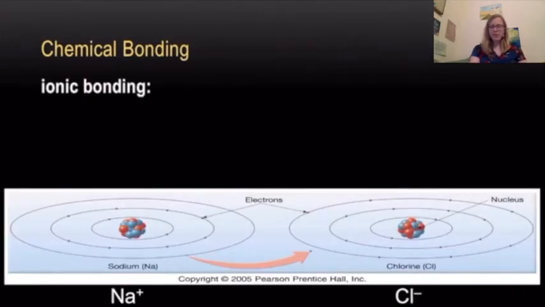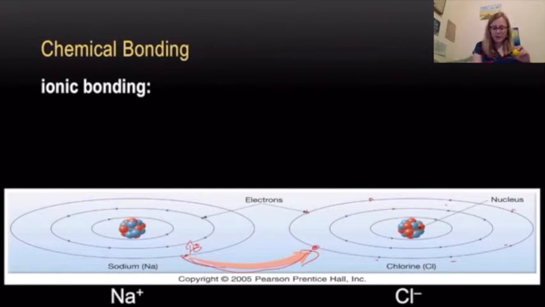Ionic bonding, you've got, again, two atoms. One is going to give up an electron, so say this is a sodium atom, and it's going to give up an electron so that its outer ring now has that one out of there, and now the ring down has exactly eight electrons in it, and the chlorine had 7 electrons, and it's going to take in that electron from the sodium so that it now has 8 electrons in its outer ring.